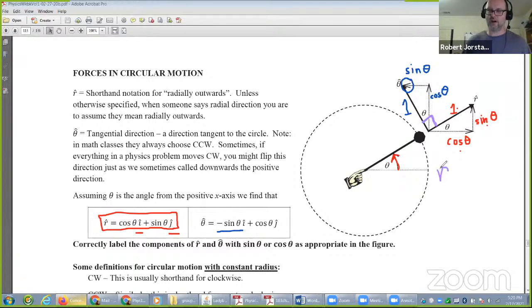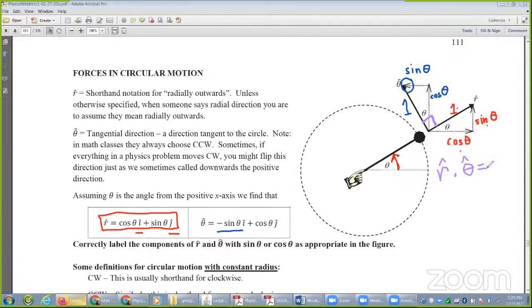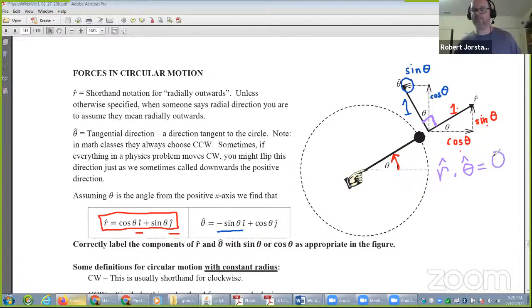Help me out. What is r hat dot theta hat? What's the dot product? Zero. The dot product between any two perpendicular vectors is 0. Take a guess what r hat dot r hat is.